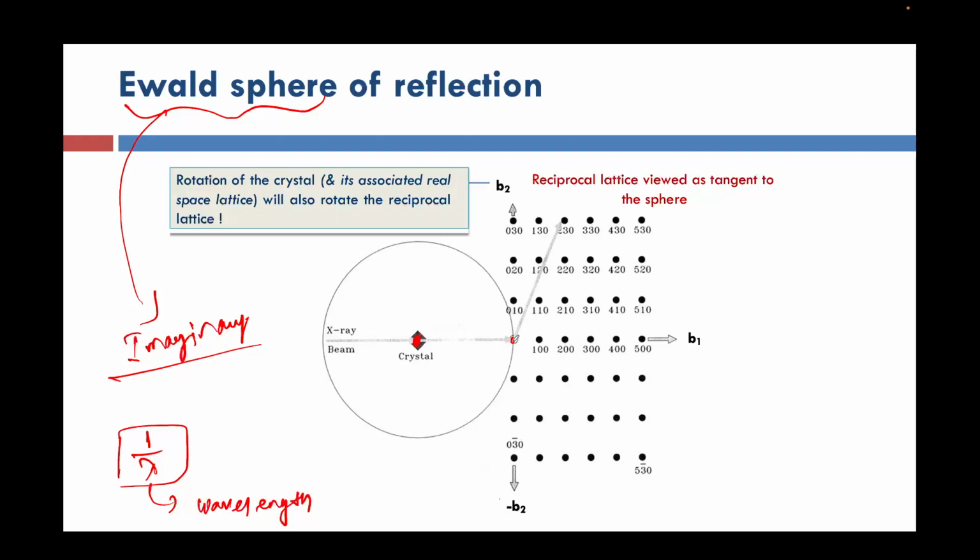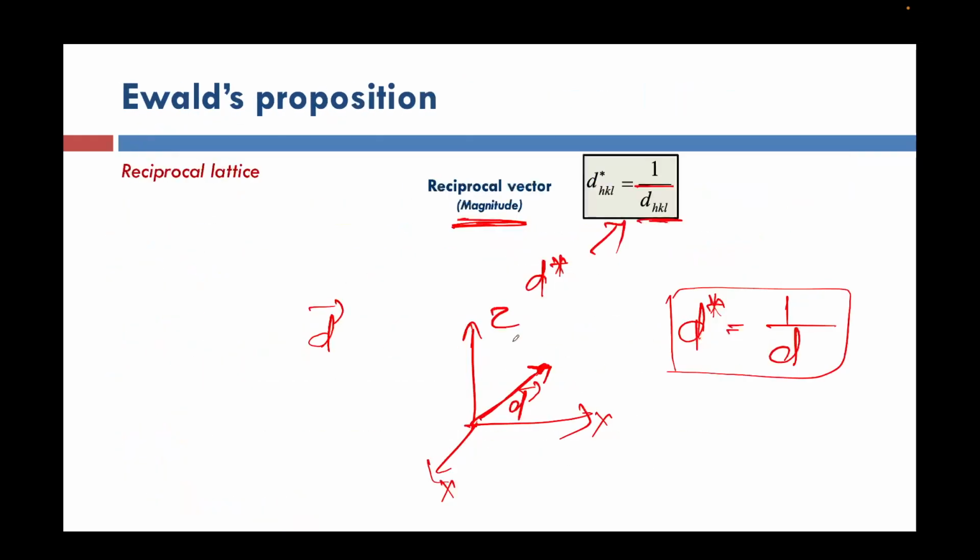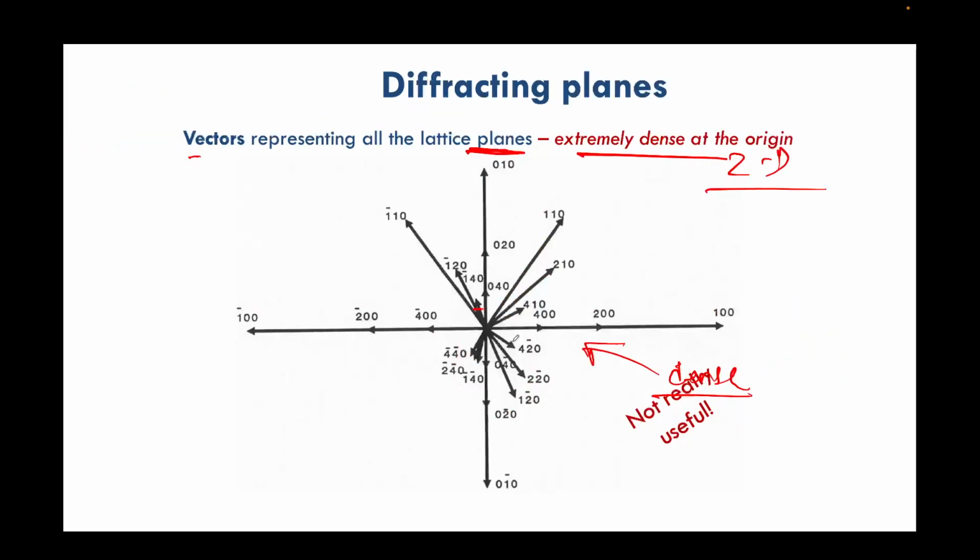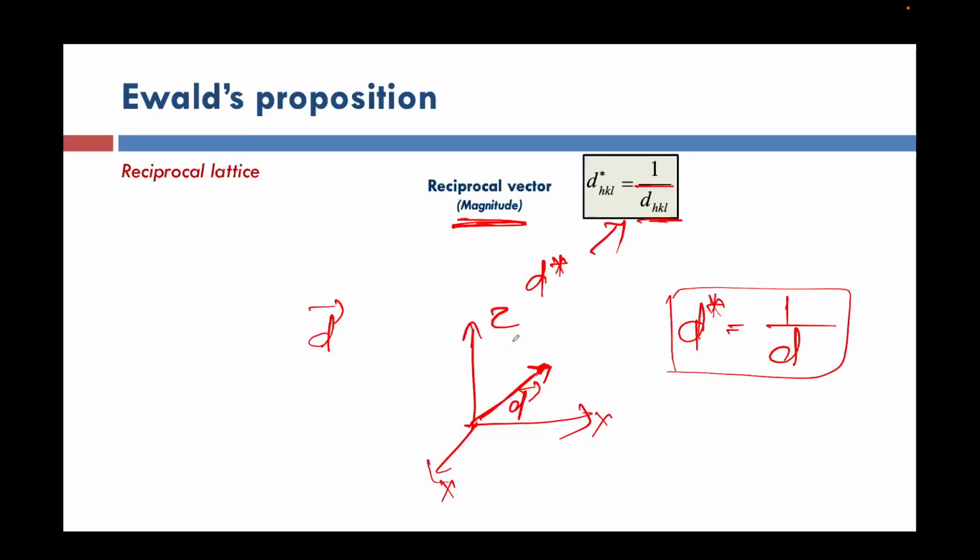While defining the reciprocal lattice, what Ewald proposed, when you have defined the reciprocal lattice vector, is how you define the planes. He told that all the three-dimensional planes in real lattice will be depicted as points in the reciprocal lattice.